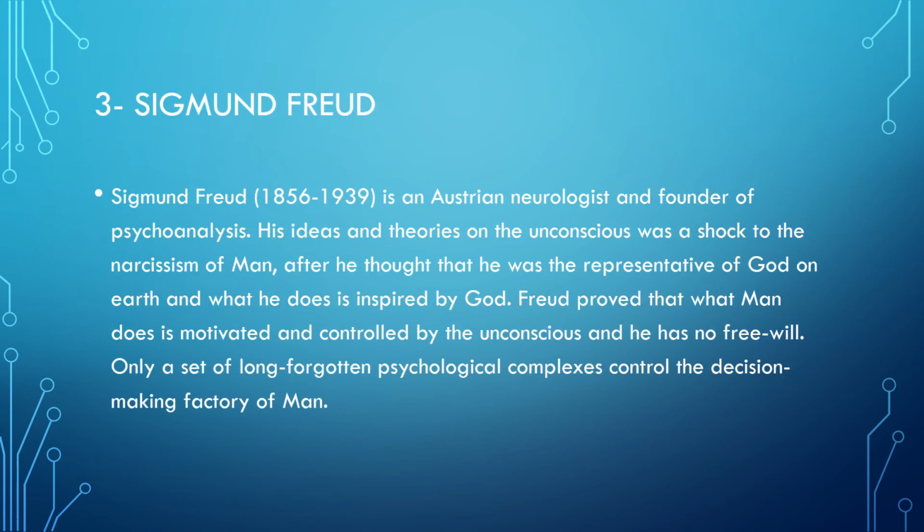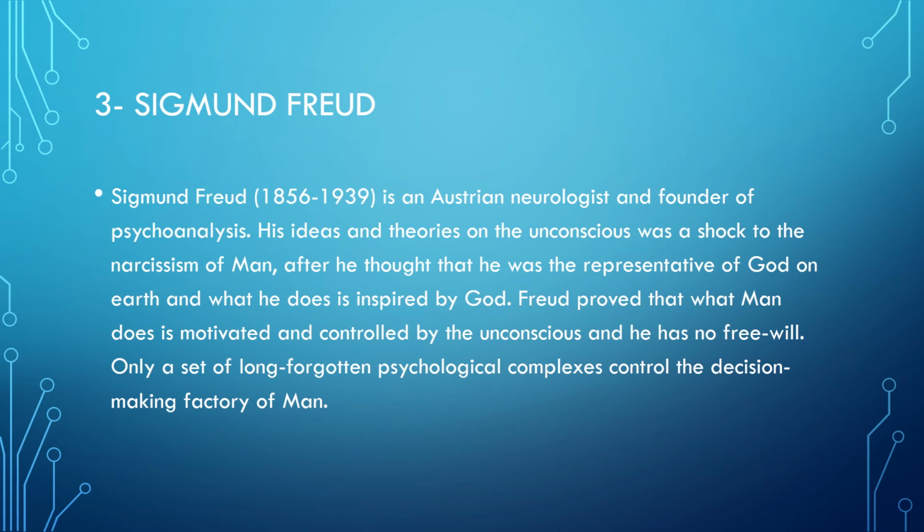Next, we have Sigmund Freud, who was born in 1856 and died in 1939, an Austrian neurologist and founder of psychoanalysis. His ideas and theories on the unconscious were a shock to the narcissism of man, after he thought that he was the representative of God on earth and that what he does is inspired by God himself.